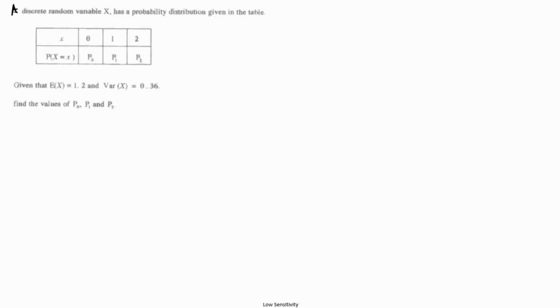Alright, so what do we know about the expectation of x? For a random variable x, we know that E of x is equal to the summation of x times the probability that X equals x. Here we are told that the expectation of x is equal to 1.2.